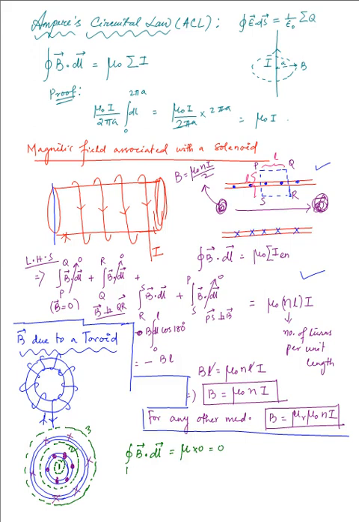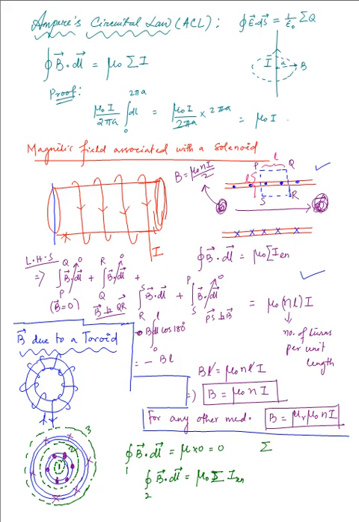As for the region 2, we have B dot dl, and that is mu naught times the total current. The total current in this case again is considered for the entire length of the solenoid, and let's just keep it as I, which is enclosed within that ring, the second ring that we see, the second Amperian loop.